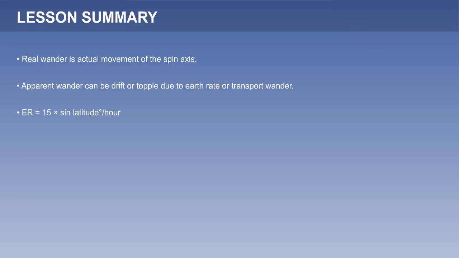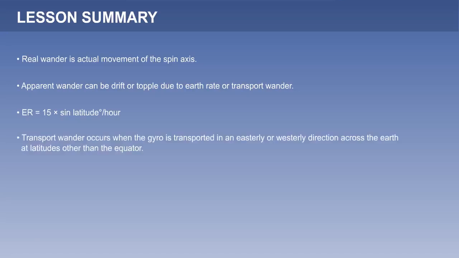The formula for apparent drift due to Earth rate is: Earth rate equals 15 times the sine of the latitude, in degrees per hour. Transport wander occurs when the gyro is transported in an easterly or westerly direction across the Earth, at latitudes other than the equator.